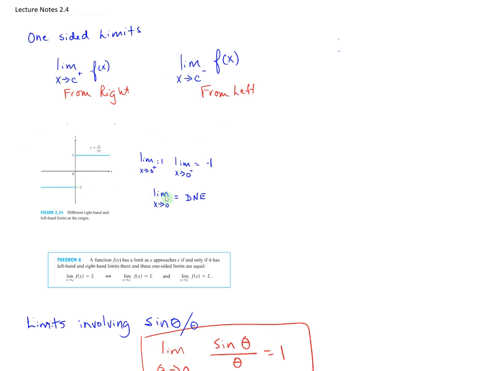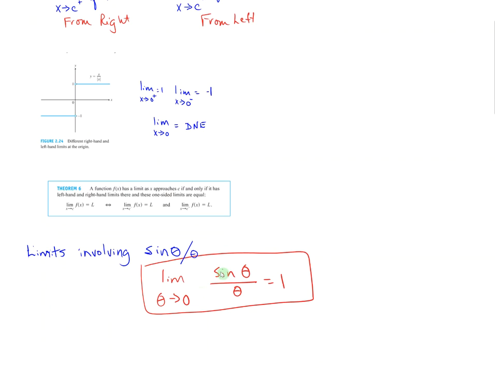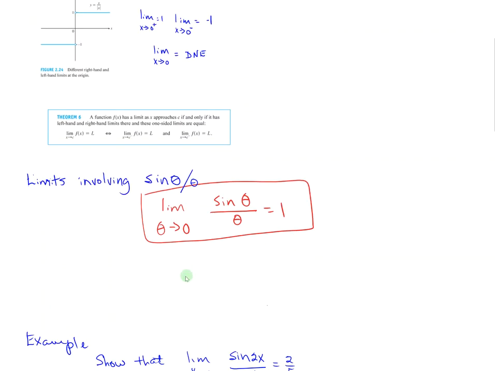And so the limit in general as you approach 0 does not exist because they are different limits and they have to be the same. You can have a right-sided limit, you can have a left-hand limit, but if they're not the same, then the limit doesn't exist.